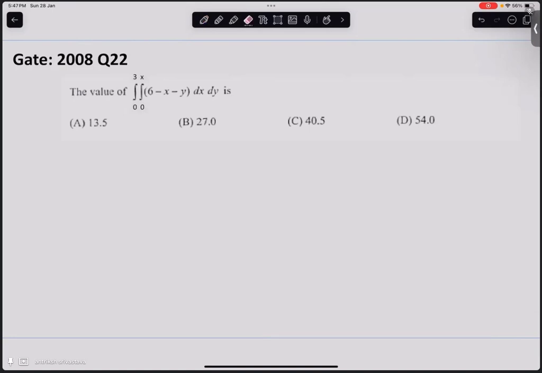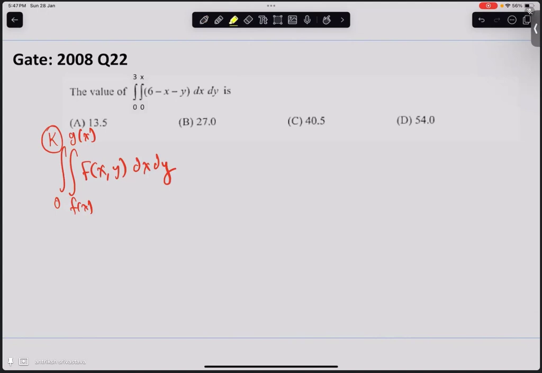You just have to know one thing. Whenever you have this kind of integration, where you are given some constant in the outer limit, and in the inner limit you have some function of x, and then you have some other function of x and y here, and then dx dy. What do we understand from this question? We need to understand two things.